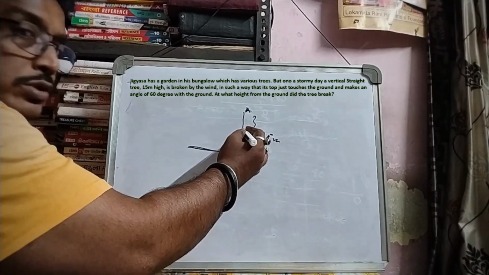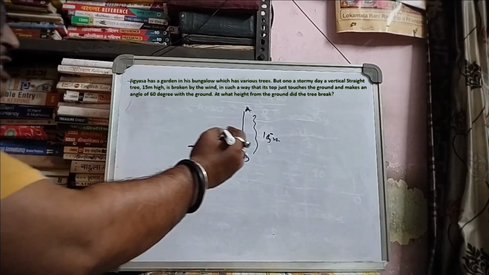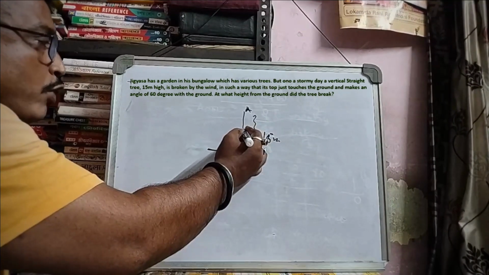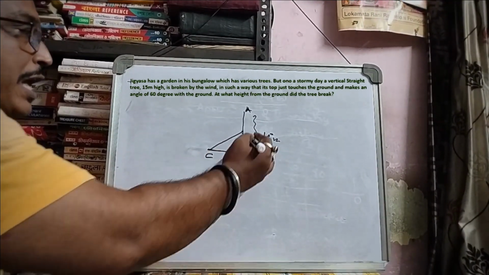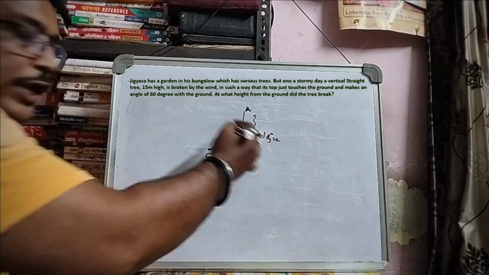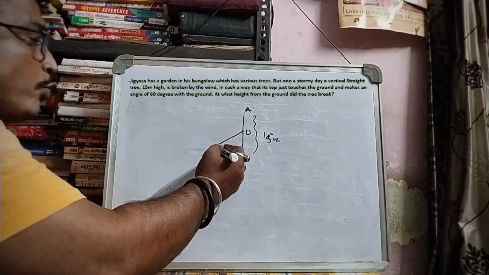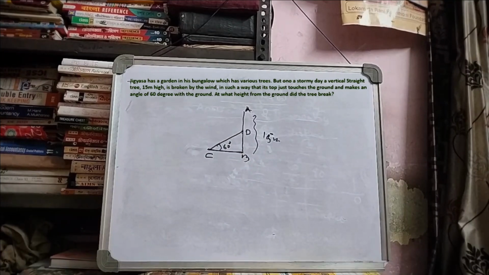Let us suppose the tree has been broken from here and touches the ground at that point. The point is C and the broken point is D. And it makes an angle of 60 degrees with the ground. ग्राउंड के साथ 60 डिग्री एंगल कर लिए.